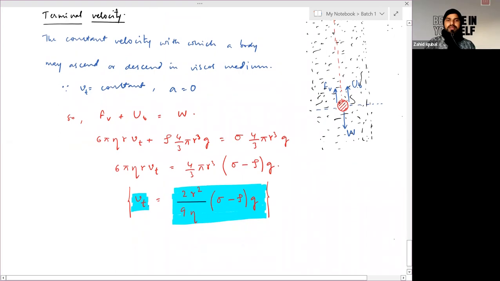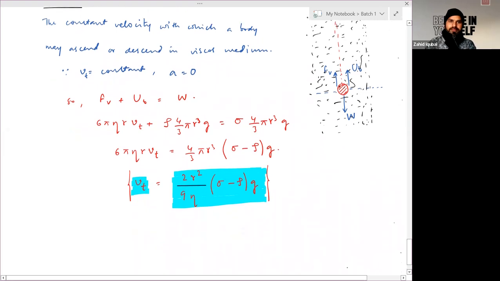Okay, so this is one way of expressing terminal velocity in terms of radius. Let me define its other expression.